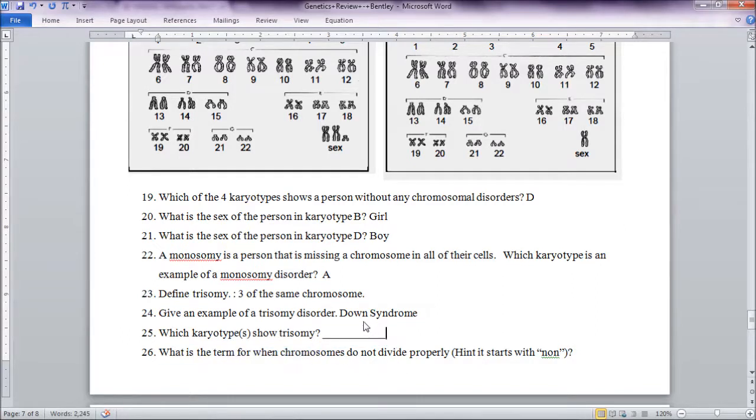And I believe that's actually Down syndrome, not Downs. So the karyotype that shows the trisomy will be the first picture, B.